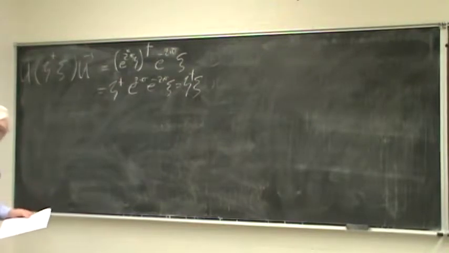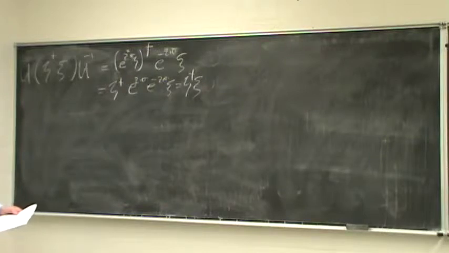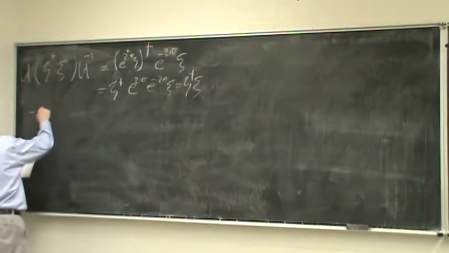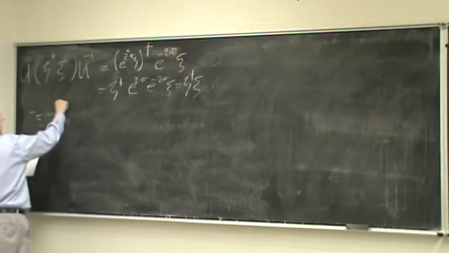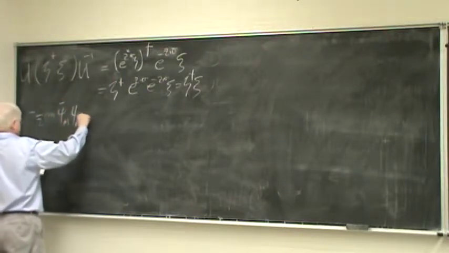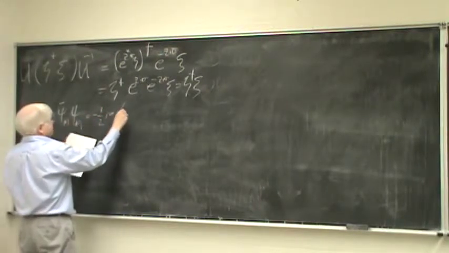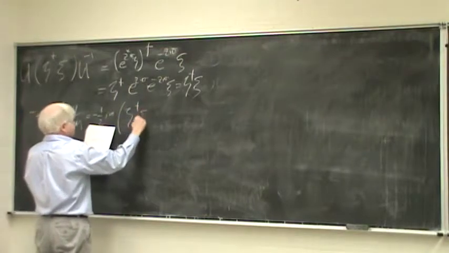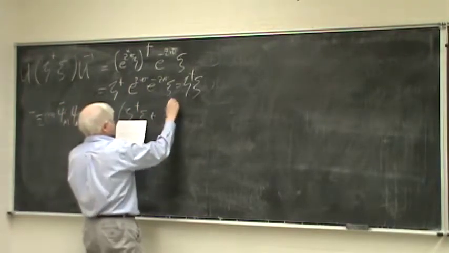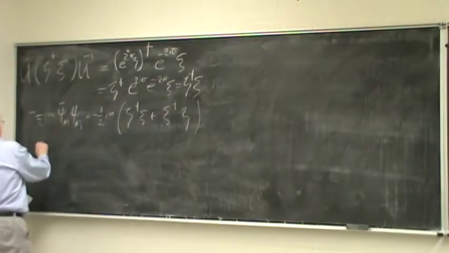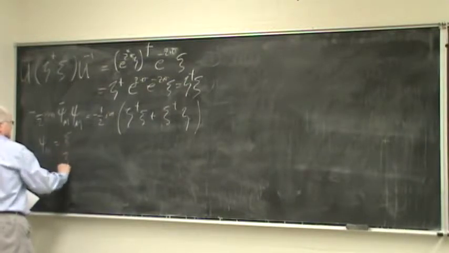Now let's take the Dirac mass term, but use it for a Majorana spinor. Then what we would have is minus 1/2 m psi Majorana bar psi Majorana. It turns out it's zeta dagger C plus C dagger zeta, thinking of the Majorana field as C, zeta.